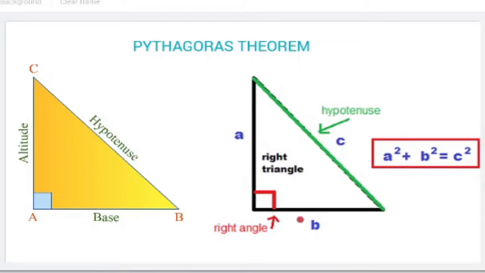Here a and b are two sides of a right angle triangle and c is the hypotenuse. In some cases these are also called the legs of a right angle triangle. Here a and b, or base and altitude, are also known as the legs of a right angle triangle.